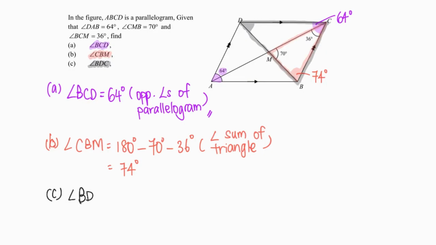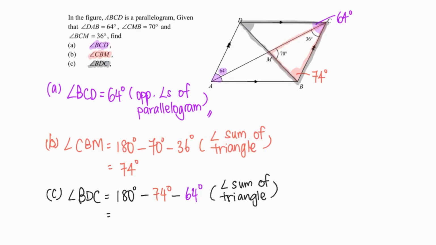Angle BDC, 180 degree minus my 74 minus my 64, because this is again angle sum of a triangle. That will give me 42 degrees.